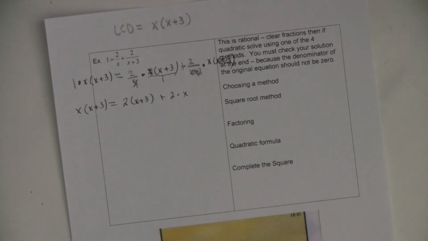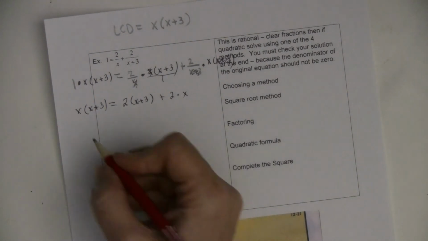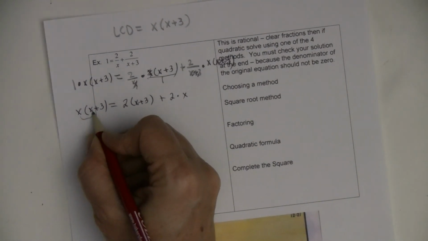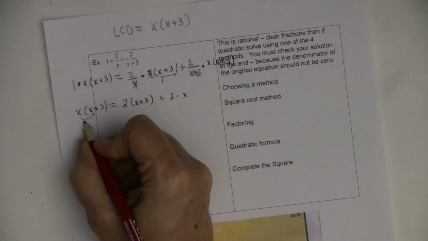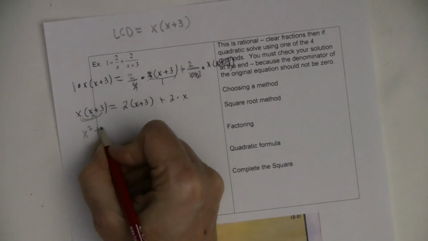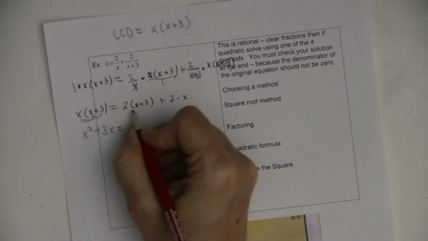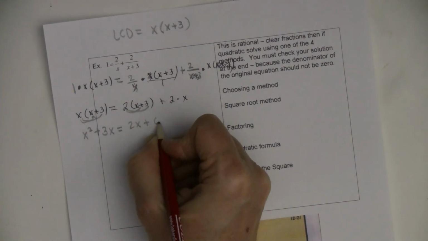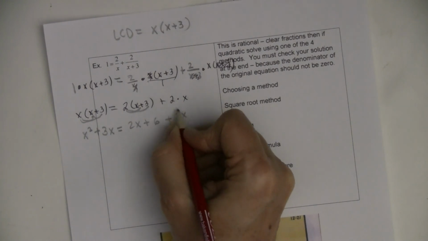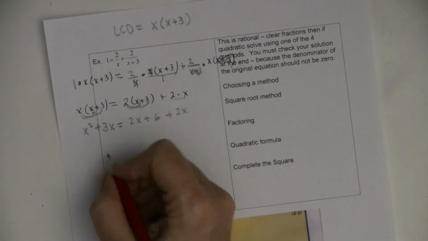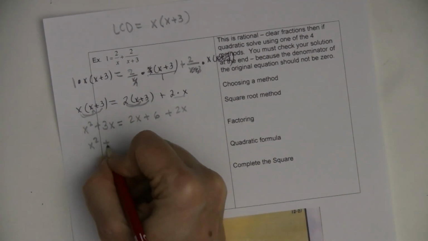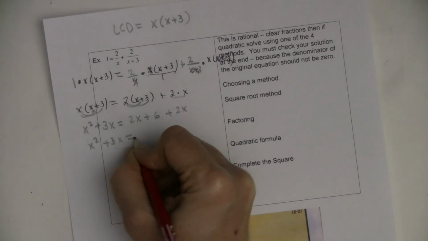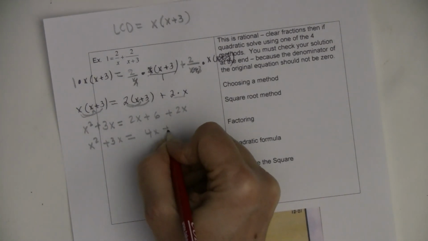Maybe you can see that when you multiply x times x, it's looking quadratic, right? x squared plus 3x equals 2x plus 6 plus 2x. And so when I combine like terms, I have x squared plus 3x equals 4x plus 6.